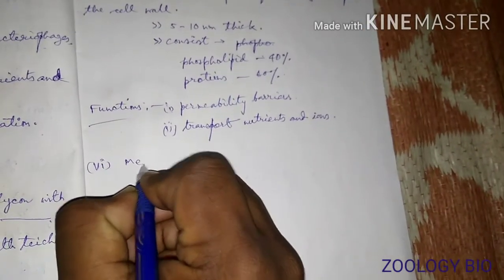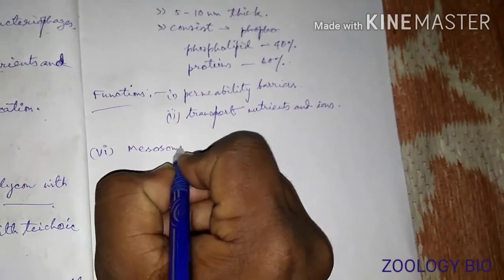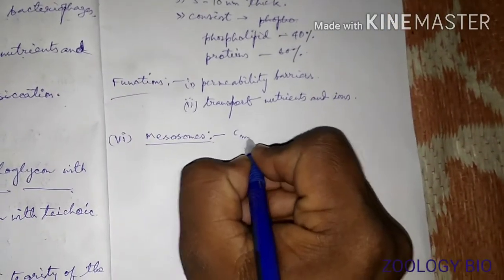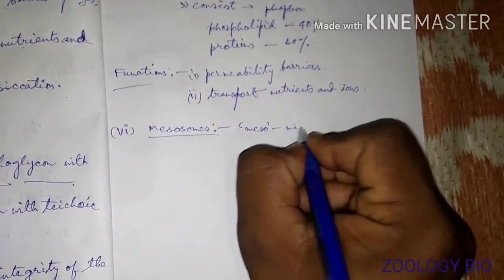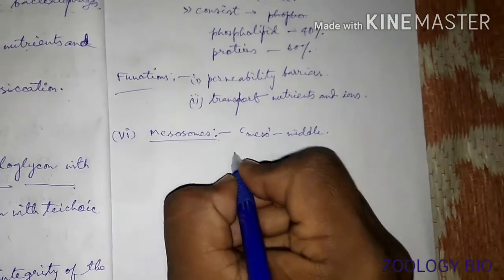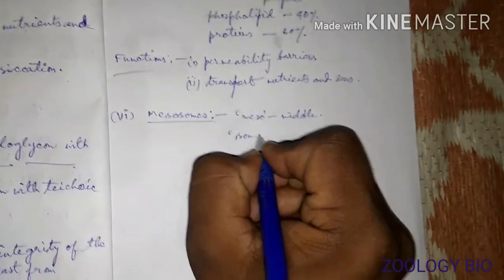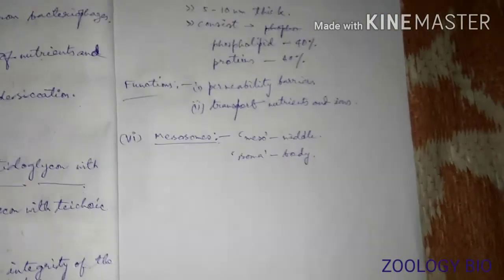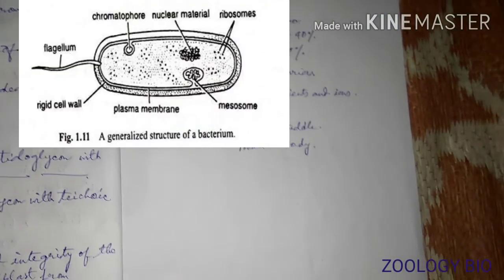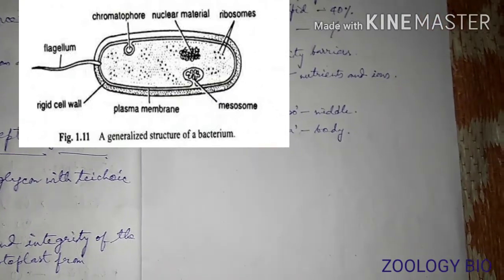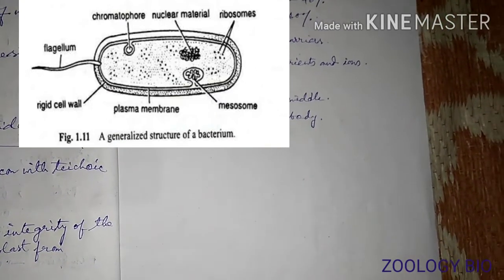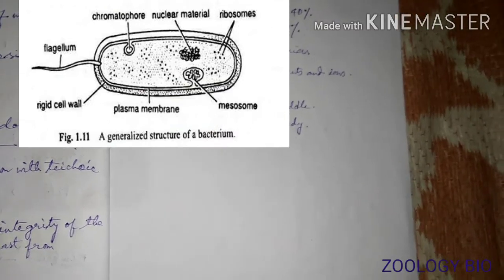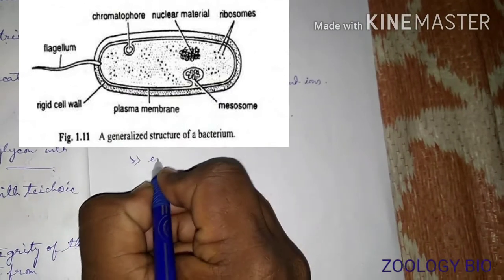Now the mesosomes. Meso means middle and soma means body. So the cytoplasmic membrane extends within the cytoplasm of prokaryotes, forming tubular or loop-like vesicular bodies called mesosomes.